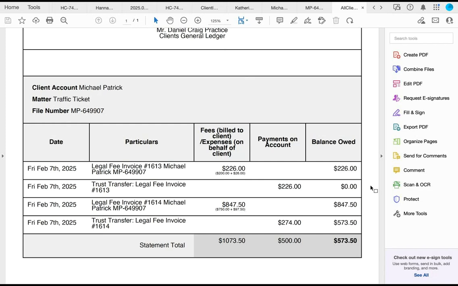So basically it has fees being billed and that being paid, either by trust transfer method or by paying directly into the trust account or into the general account. In this case, we are looking at the client's general ledger. Hence, it has money that is either transferred from trust to general or directly paid into the general.